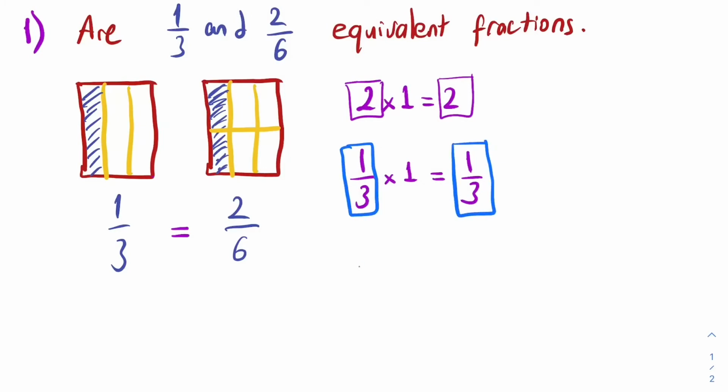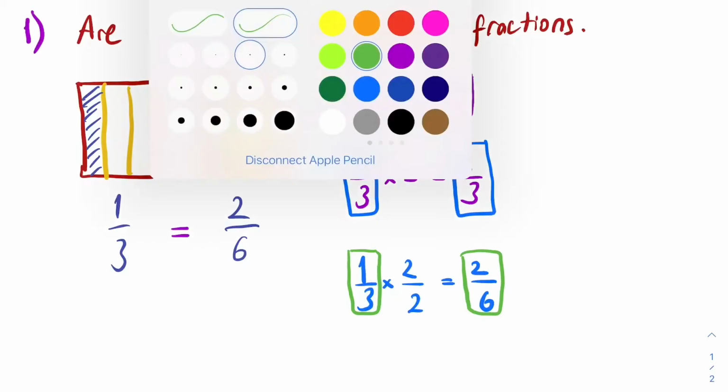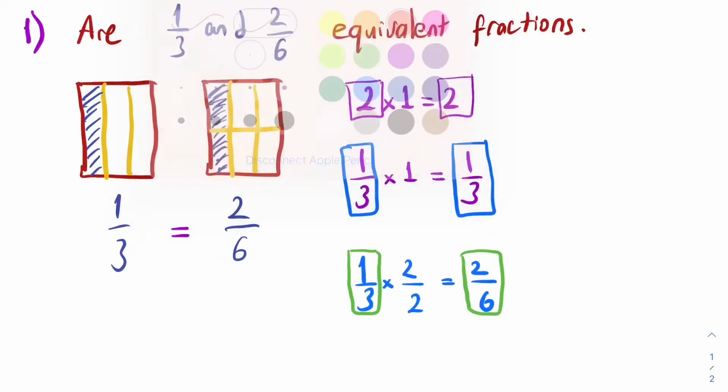What if I use 1/3 times 2/2, and 2/2 is equal to 1? So 1/3 times 2/2 is equal to 2/6. So I can understand that 1/3 equals 2/6 because I multiply 1/3 by 1, and 2/2 is 1.